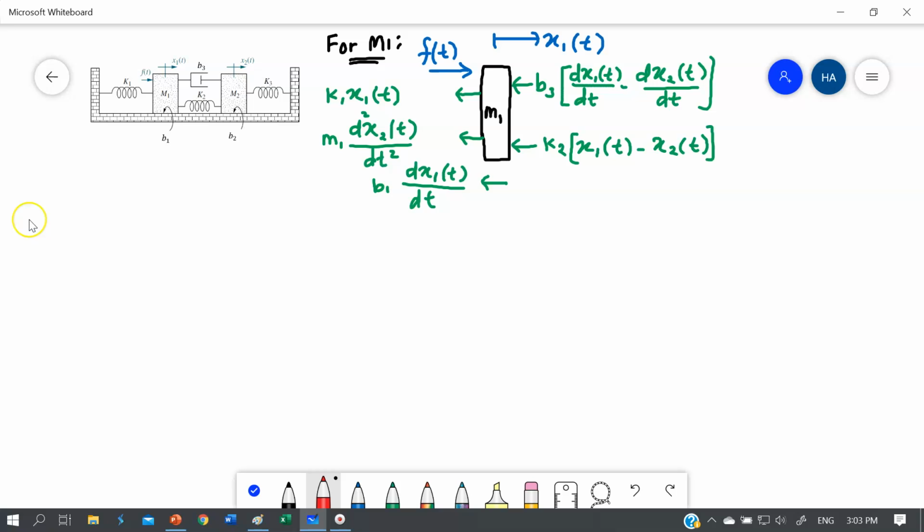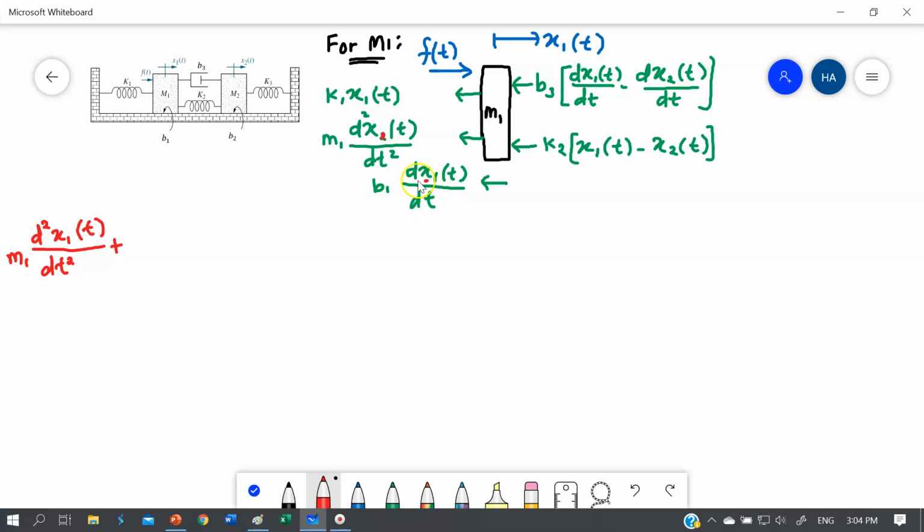So next step is to write the equation of motion, which is the differential equation to represent this system. So we will have M1 d square X1 of T over dt square plus, now I have here multiplier for X1.